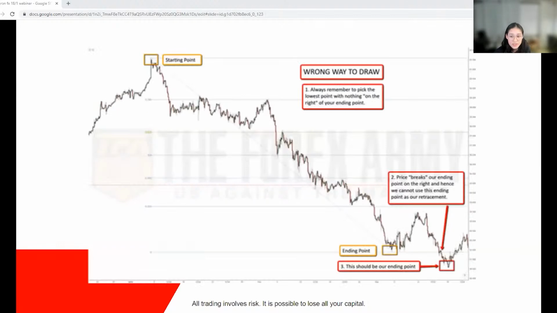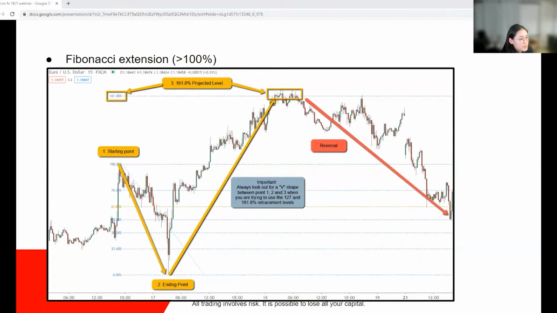Okay, let's move on. Now let's take a look at Fibonacci extensions. Here you can see a very obvious Nike tick. The starting point is here, ending point is here.